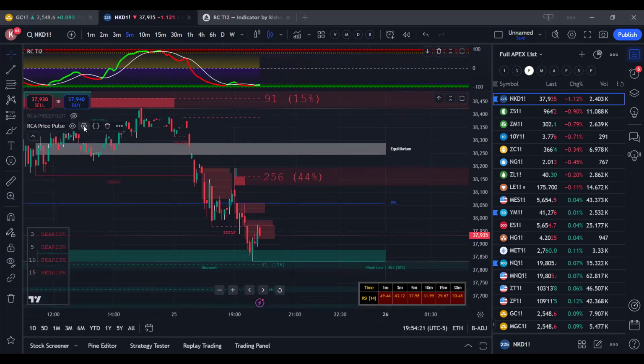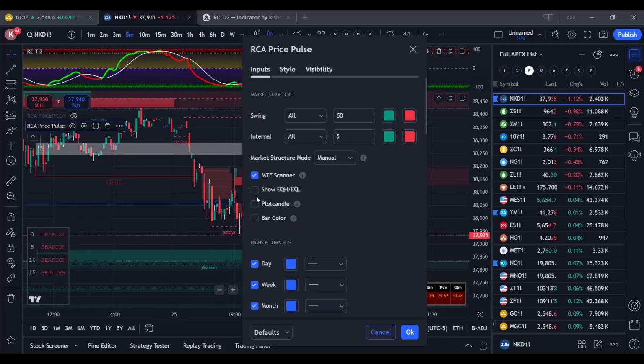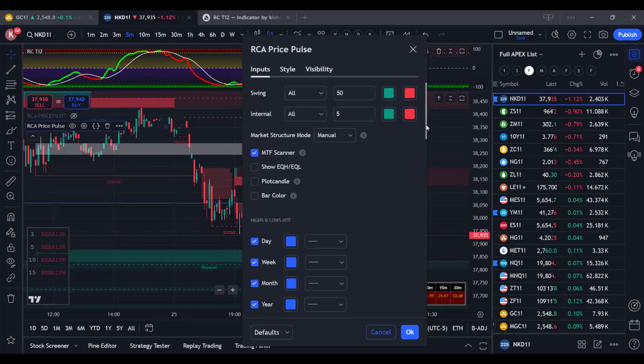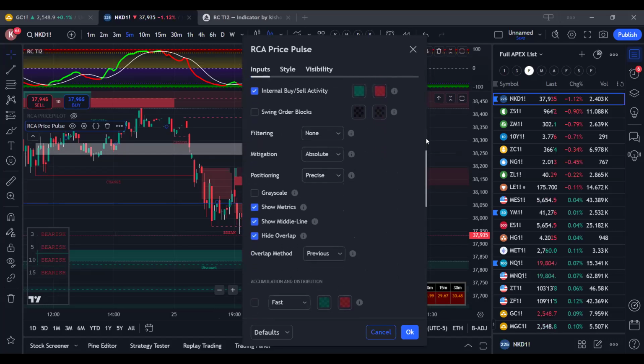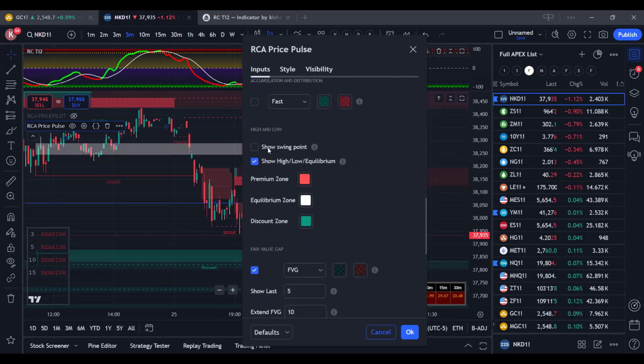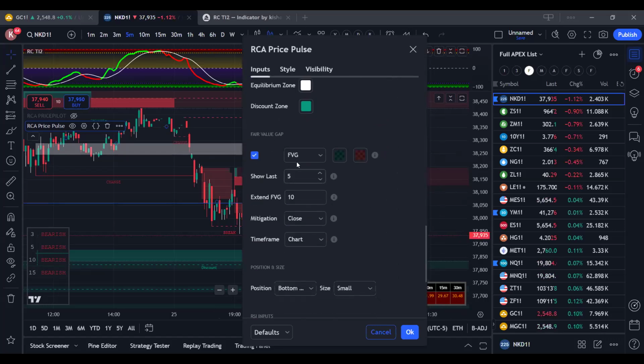And also, you can put in the day high, day low, previous day high, previous day low, previous week high, previous week low, previous month high, previous month low, and then you can also see the high-low equilibriums. You can see the fair value gaps, right, which are very useful with options.